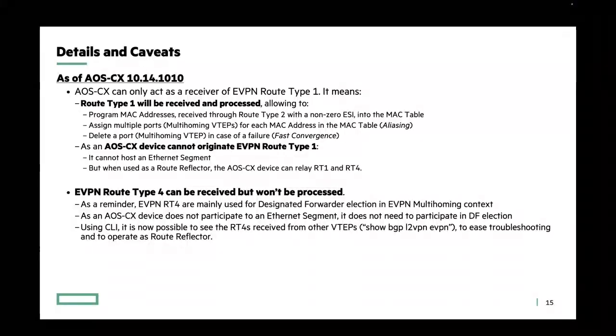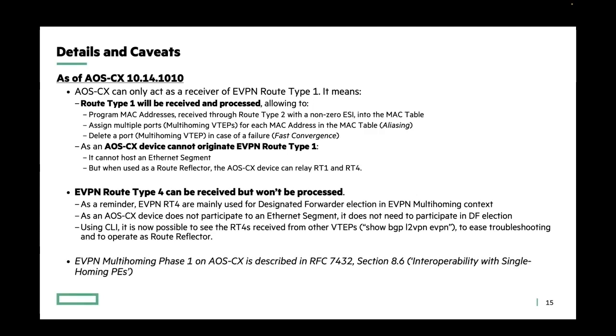For the RT4 now, a CX device will not be able to process them even if they can be received. Okay, so as I already mentioned, a CX device cannot participate in an Ethernet segment, so it doesn't need to process the RT4. But for troubleshooting purposes, those RT4 can be seen using the command show bgp l2vpn evpn, and we will see that in later slides.